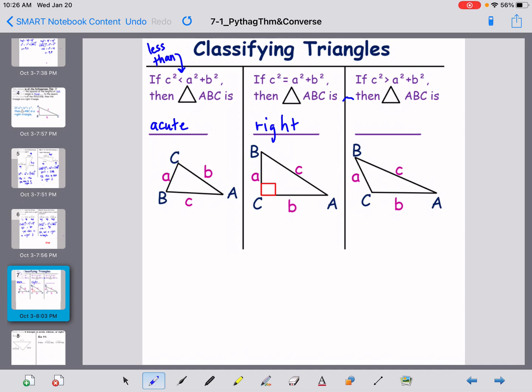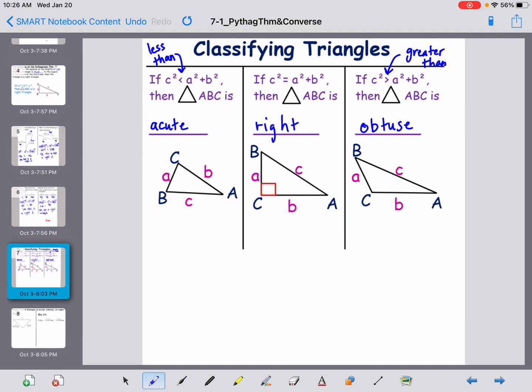And then over here on the end, if we've got a greater than, what kind of triangle do you think we'll have? Acute, right, and obtuse. Good job. And that should make sense. If c squared is smaller, it's going to be an acute triangle. If c squared is larger, it's going to be obtuse.